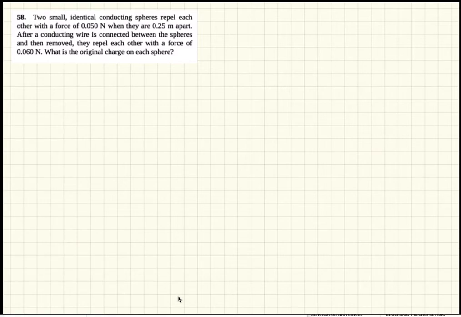Let's say Q1 and Q2 are the original charges, and the distance between them is 0.25 meters, and the initial force is 0.05 newtons.